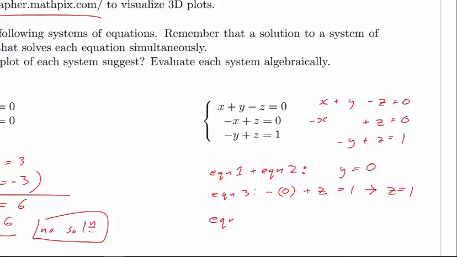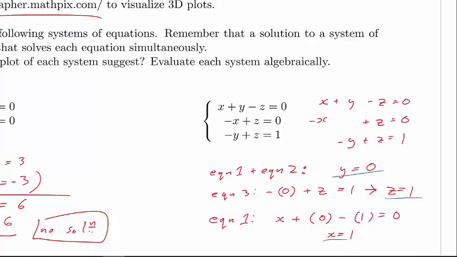So now we're going to go back to equation 1 and substitute in what we now know. And when we do that, we've got x plus our y value, which we found to be 0, minus our z value, which we found to be positive 1, and that all equals 0. Solve for x, and we find that x equals 1.